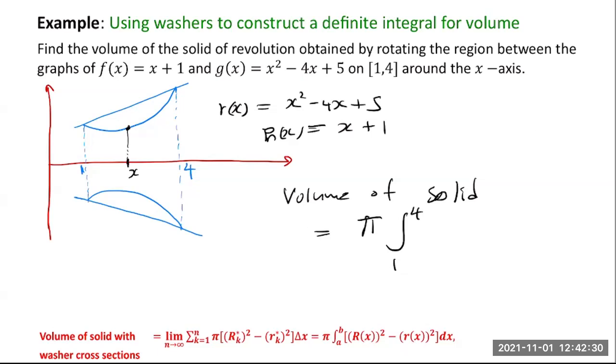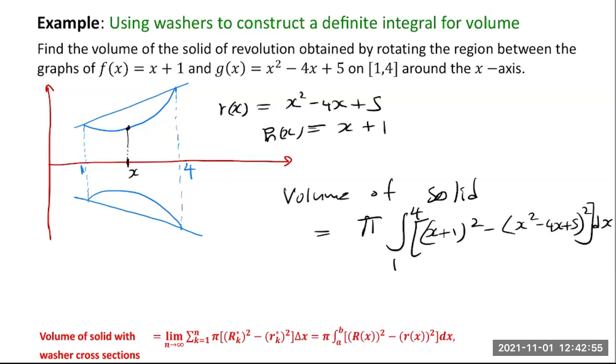Integral from 1 to 4 of uppercase r of x squared, that is x plus 1 squared, minus lowercase r of x squared, that is x squared minus 4x plus 5 squared, times dx. So the volume of that solid is given by this definite integral.